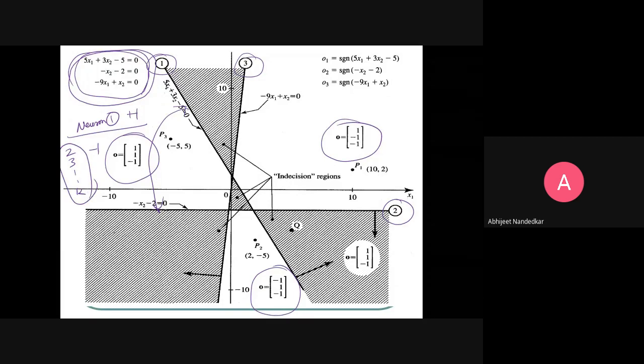When you take neuron number 2, it will produce plus 1 for class 2, and for the other classes, that is 1, 3, 4 up to k, it will produce minus 1. So basically the approach is 1 versus rest. In that fashion, we are going to train this system.